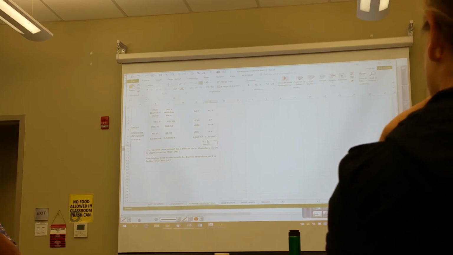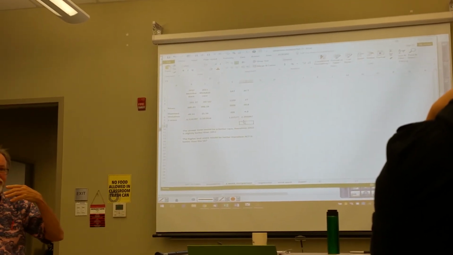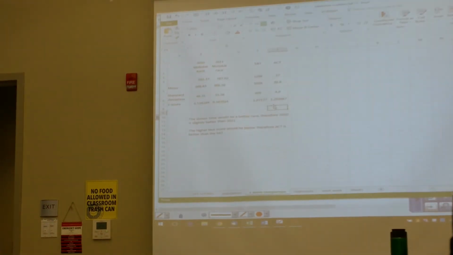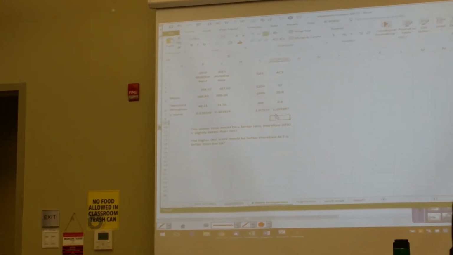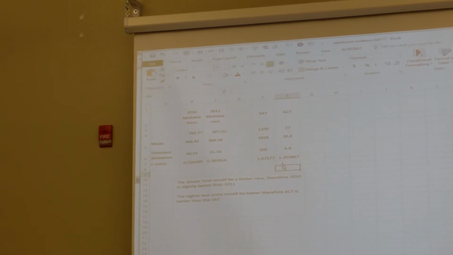It would be a lower Z-score. Because a race that I do in 12 seconds is better than a race I do in 15 seconds, right? In a race, I want a lower number, the lower number would be the better score.